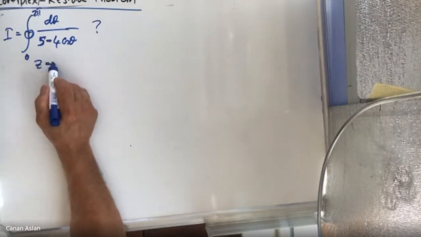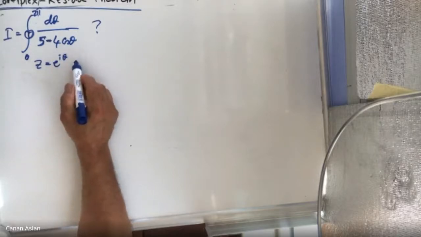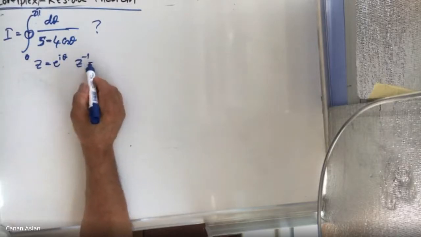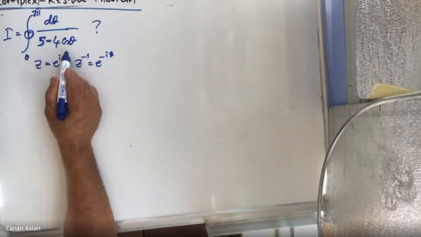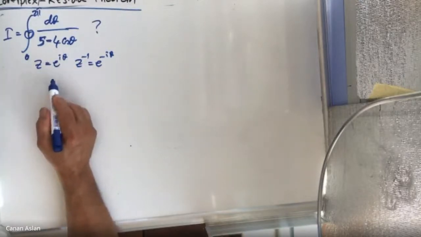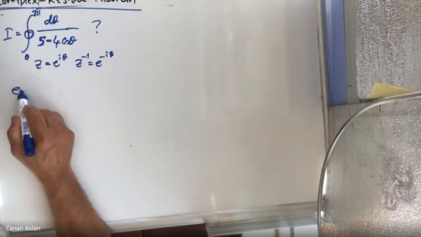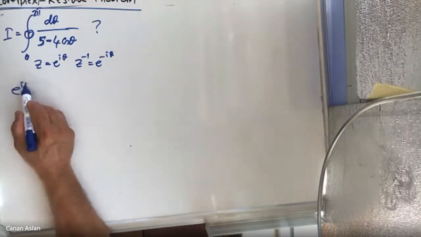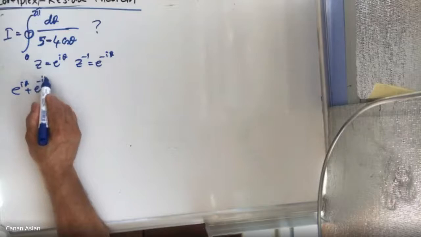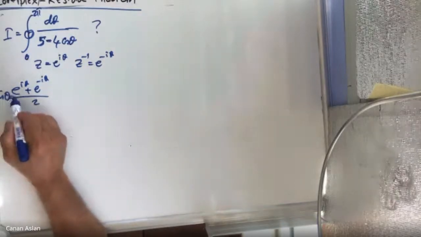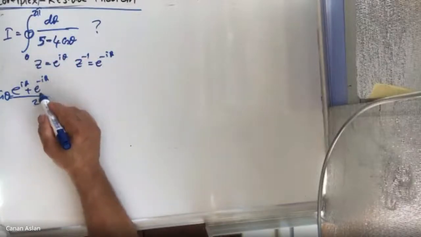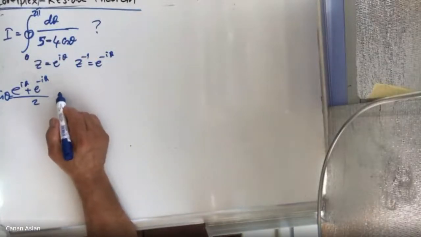We will use z equals e to the i theta, and z to the minus 1 will be e to the minus i theta. In order to write cosine and sine, we will use the property that e to the i theta plus e to the minus i theta divided by 2 is equal to cosine theta. So any cosine theta and sine theta can be changed to exponentials, because exponential business is easy.